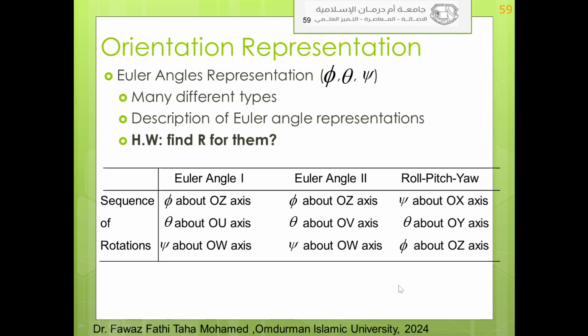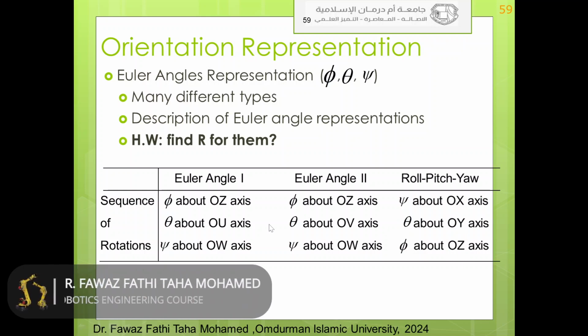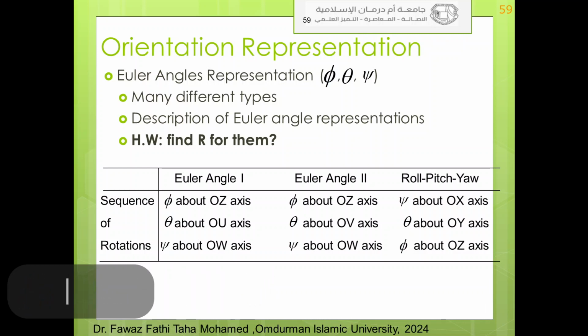So you can use the roll pitch yaw formula to find, for example, the cases for xyz and zyx for Euler angles. Later on we will see in MATLAB how we can use the roll pitch yaw formula to find the zyx Euler angles or Euler rotation.